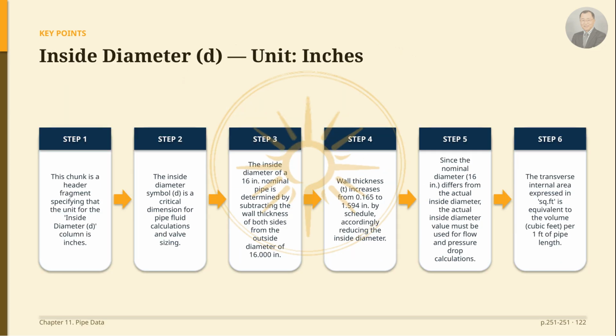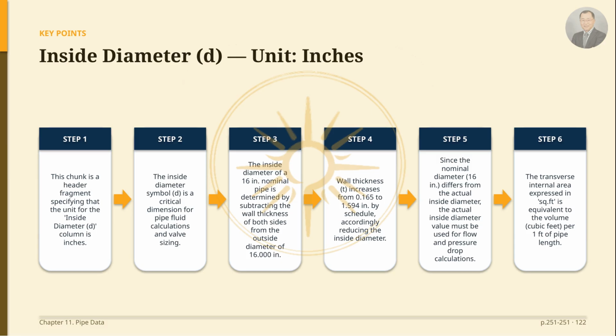This slide is a reference table showing the units and determination principles for the inside diameter, or D, of a pipe. For example, in the case of a 16 inches nominal pipe, the actual inside diameter is the value obtained by subtracting the wall thickness T for each schedule from the outside diameter of 16.000 inches.